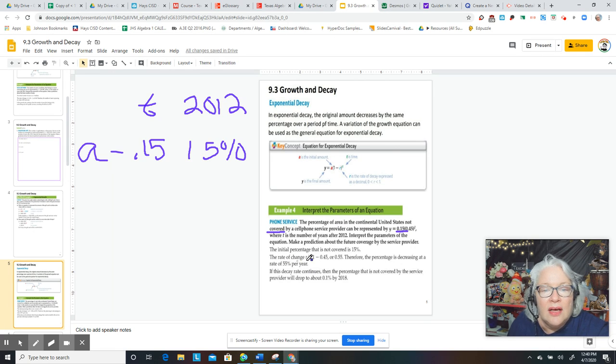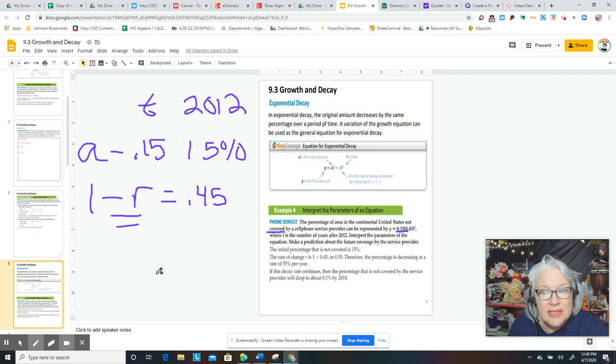The rate of change, this is where it's tricky, because that 0.45 is 1 minus r. So some number was subtracted from 1 to get 0.45. What is that number?